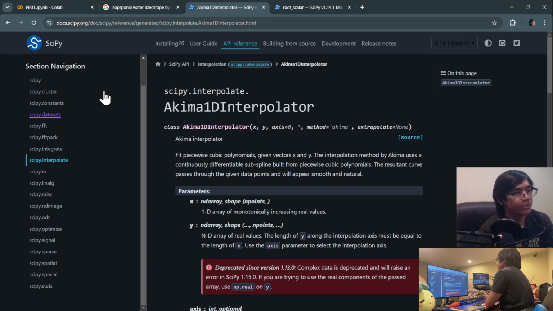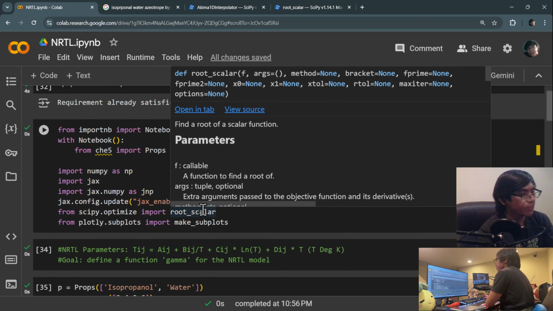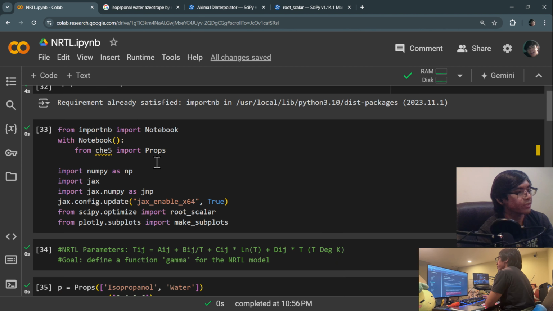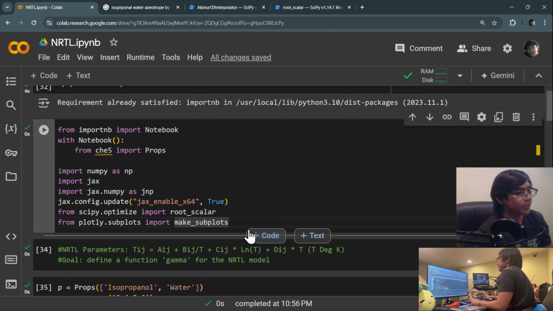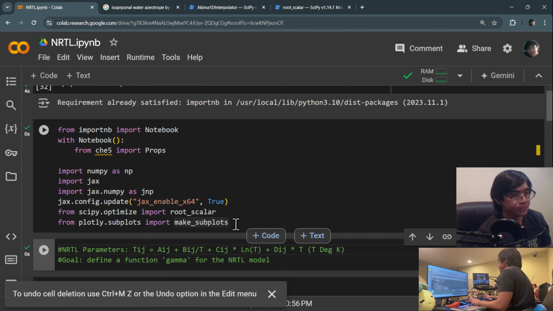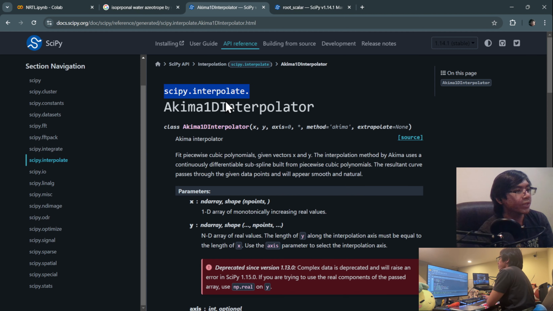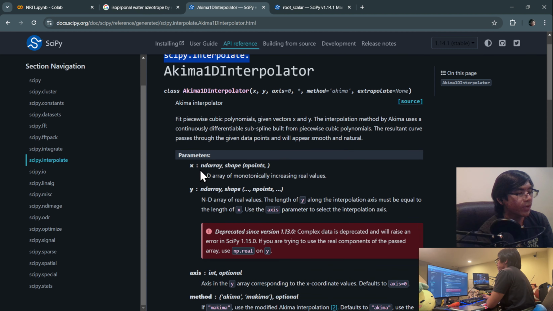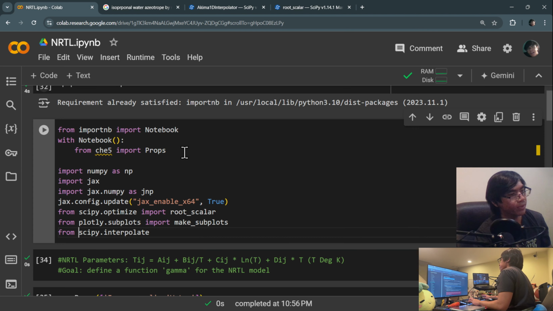Let's just start with the interpolator, honestly. So we need to import that. It's in scipy interpolate. So can I copy this? Awesome. You remember with the Akima spline, we need to take in arrays of x and y's, and then it will interpolate values based on those data points.